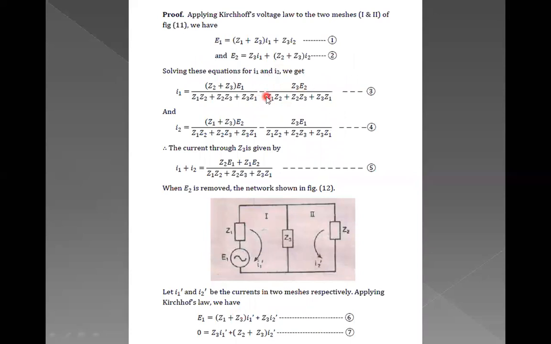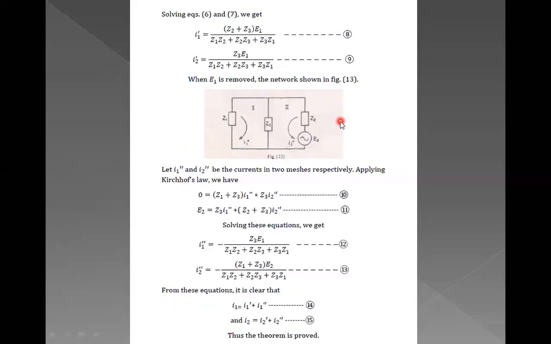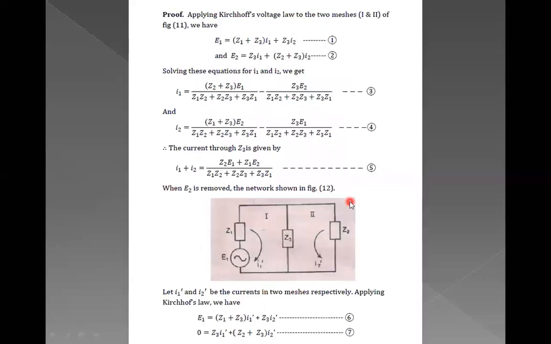This was I1 in equation 3. So adding equation 8 and equation 12 gives equation 3, and we can say I1 is equal to I1 dash plus I1 double dash. Similarly, if you add up equation 9 and equation 13, that is nothing but equation 4.